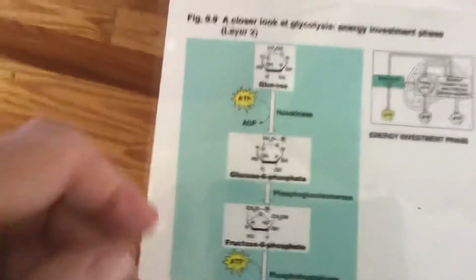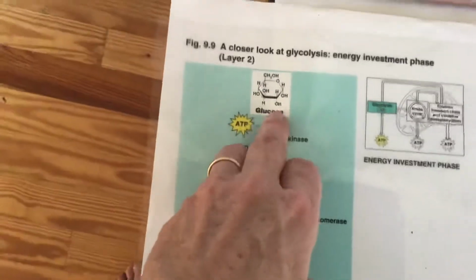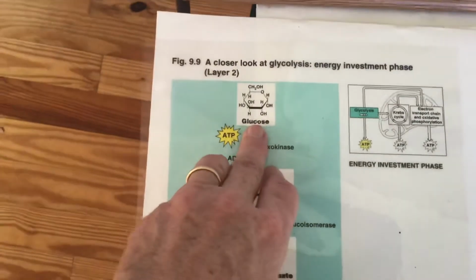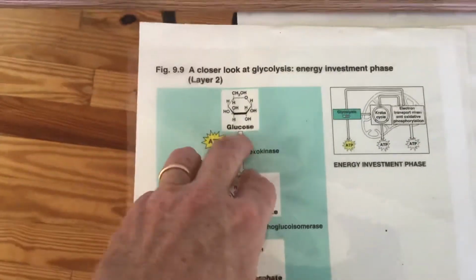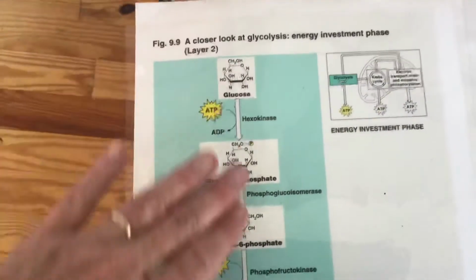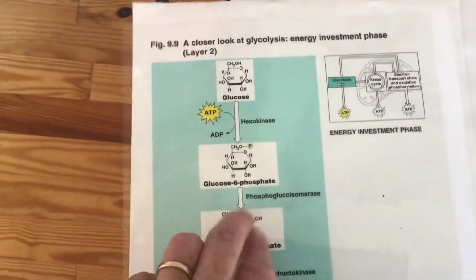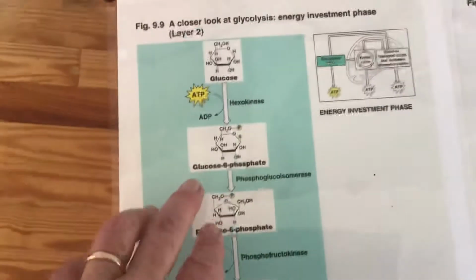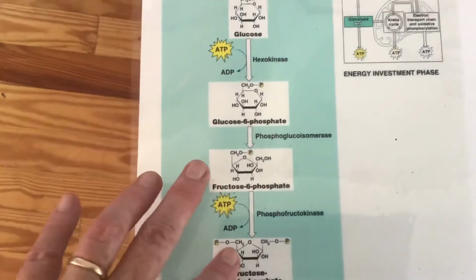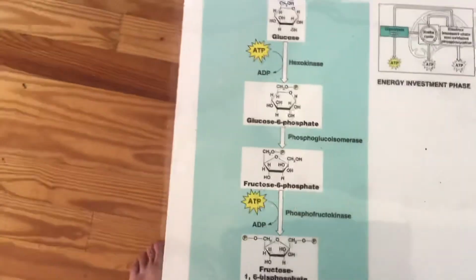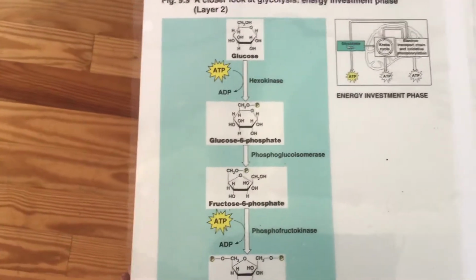Okay, so first of all, they always use glucose as the precursor molecule. The reason they talk about glucose is because glucose is a molecule that goes through all the steps of glycolysis. In other words, if I had started with another molecule, for example fructose, I might not have gone through the entire process.